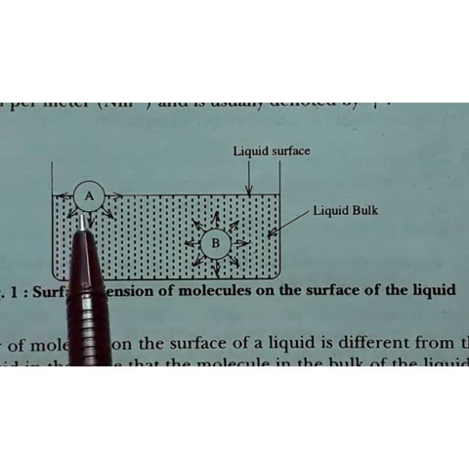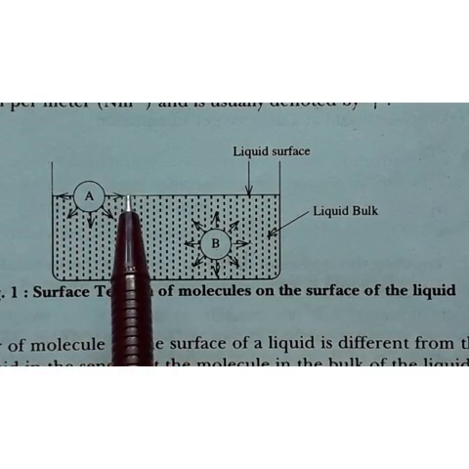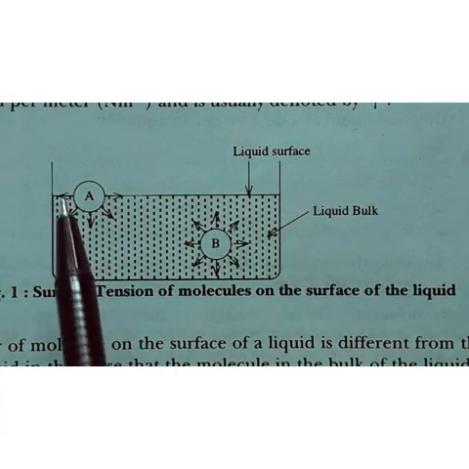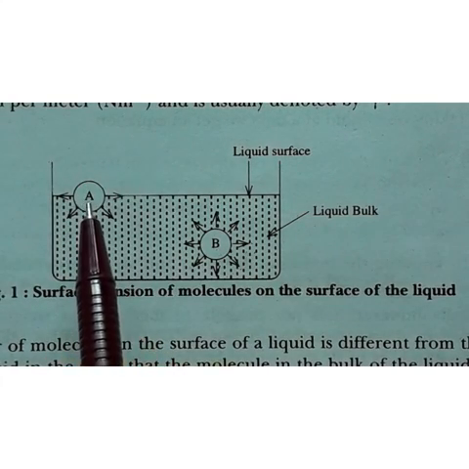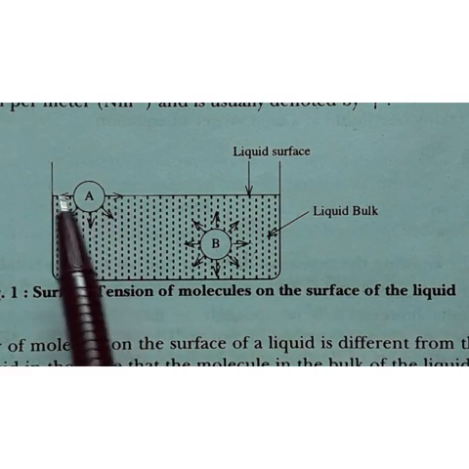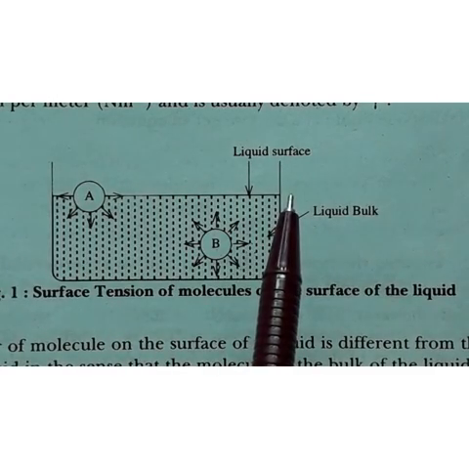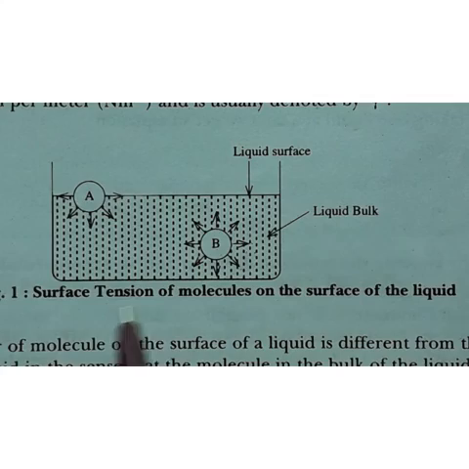But in this case only a downward pull is there, and upward pull is not there, and that's why it is imbalanced. Understand? Because of this downward pull, there is a tension or force acting on molecule A, or we can say on all the molecules present at the surface. That force or tension is called surface tension.